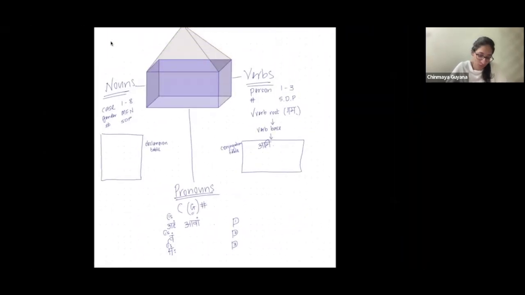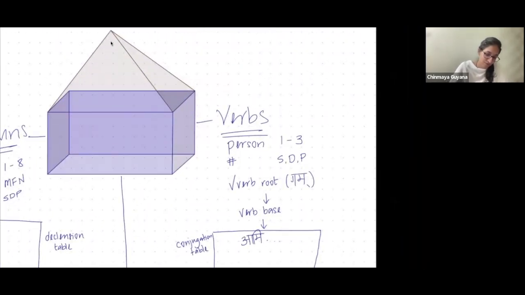Then the last wall, which is my favorite wall, is called indeclinables. From the word itself, you can kind of guess what it means. Indeclinables are words that cannot be declined.